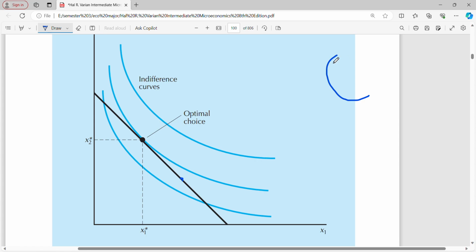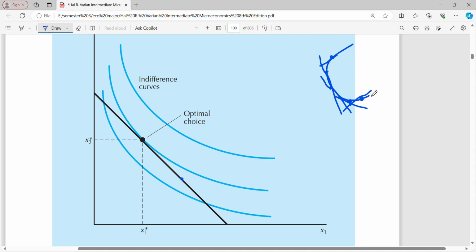So if this is a point on a curve, it has a tangent line like this, and at this point another tangent line like this, and at this point we'll get another unique tangent line. We won't get the same tangent line at any two points on a curve. There will be a unique tangent line at each point of the curve.